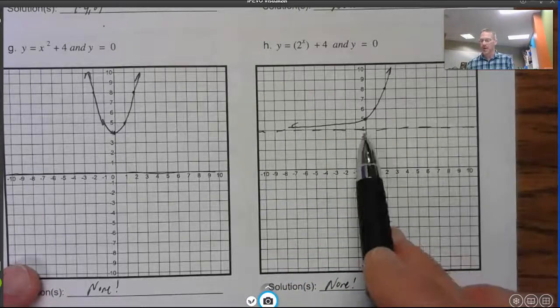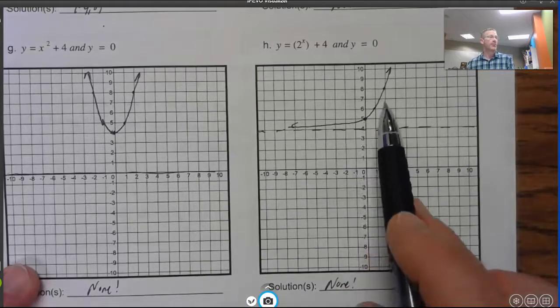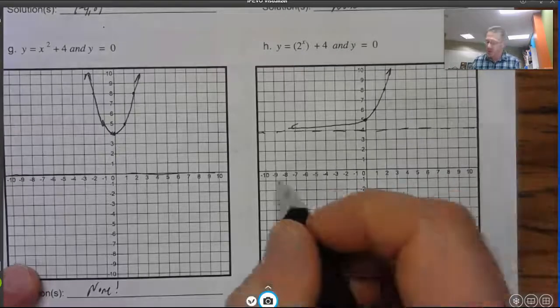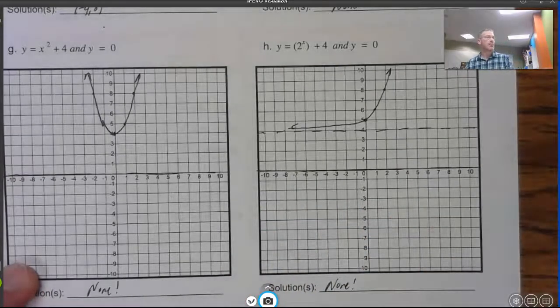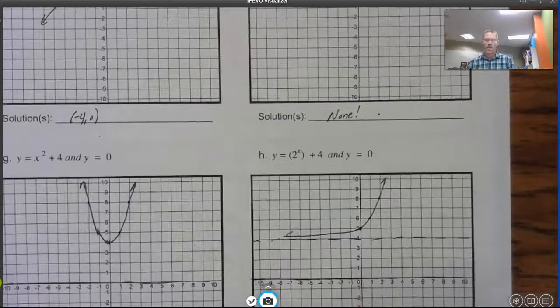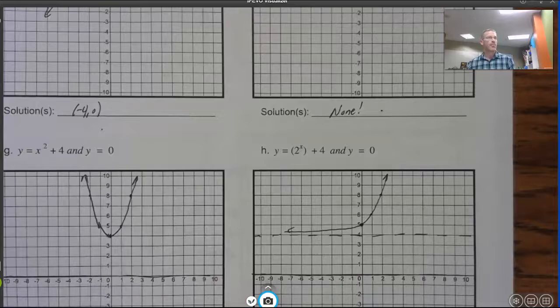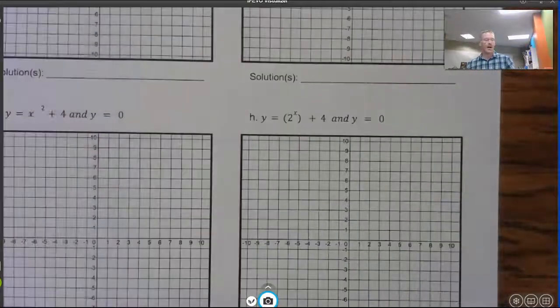My y-intercept is 1 above, and then I go up 2, I go up 4, I go up 8, and once again we can see that exponential is above y equals 0. And we can see that in all three of these there is no solution, which, from our unit on systems of equations, we know is a possibility.